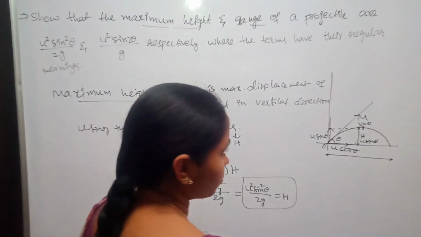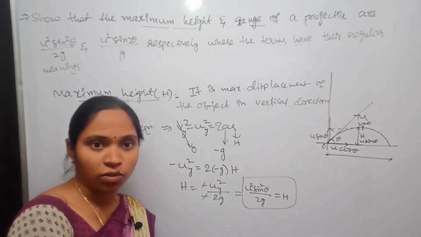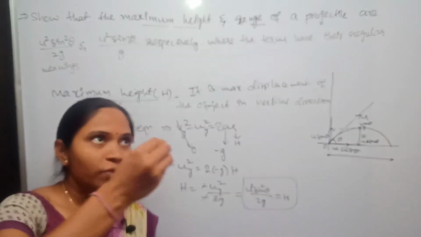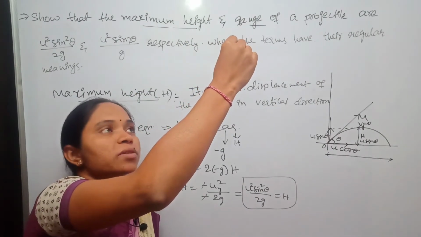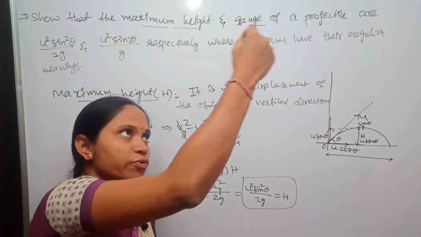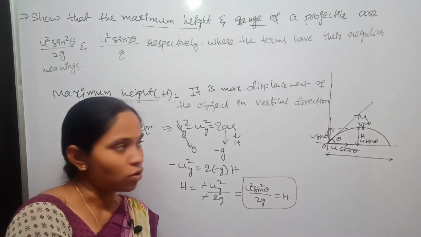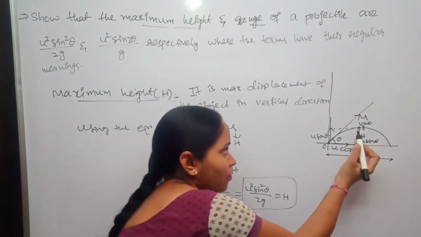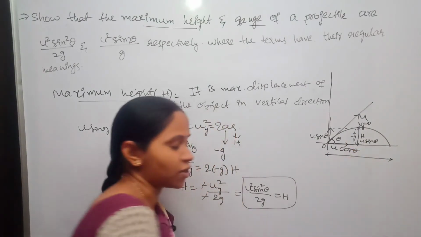You have to remember one point, that is at maximum height the velocity will be equal to 0. Why? Because after reaching a maximum height, what happens? It stops for a second and it continues its journey. Why? Because there is a force acting on this object which is in downward direction.